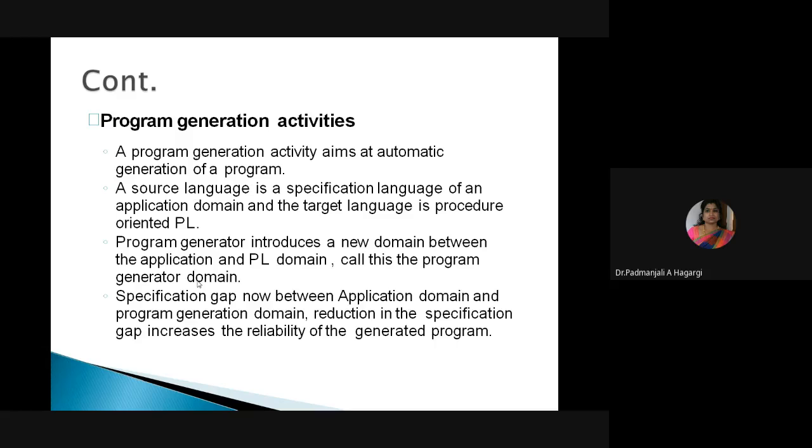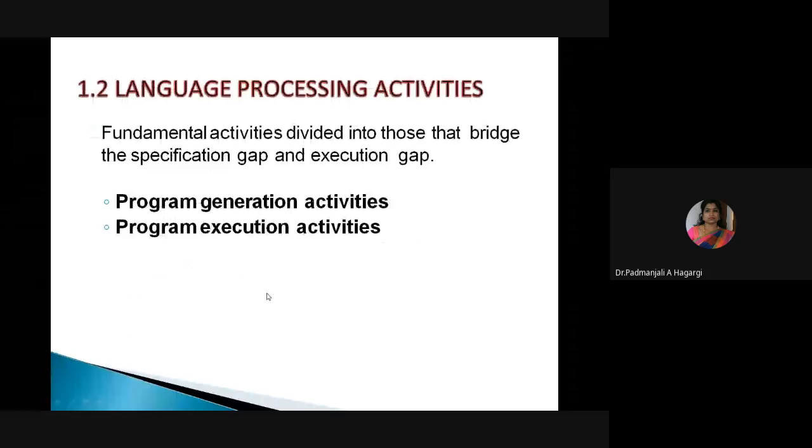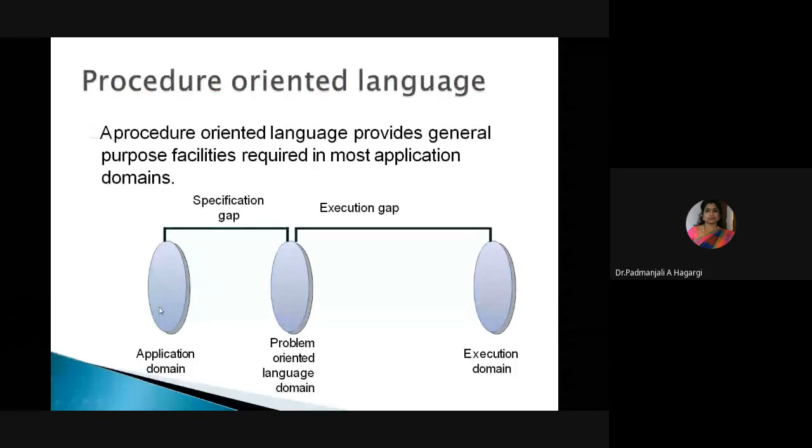What are the programming languages? They are C, C++, and Java, all low-level and high-level languages, whatever is used. Between these two domains, the application domain and the programming-language domain, a program is generated. That is the generation of a program.